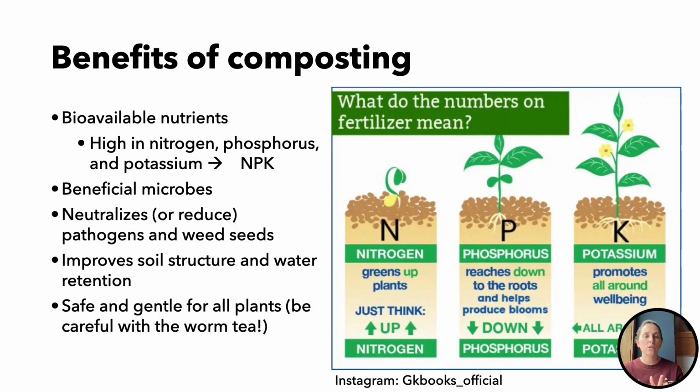And so just to revisit some of those benefits of composting, composting makes different major nutrients like nitrogen, phosphorus, and potassium readily bioavailable. It helps with the introduction of beneficial microbes into your soil. It can also neutralize pathogens and weed seeds, and it also improves the soil structure or water retention.